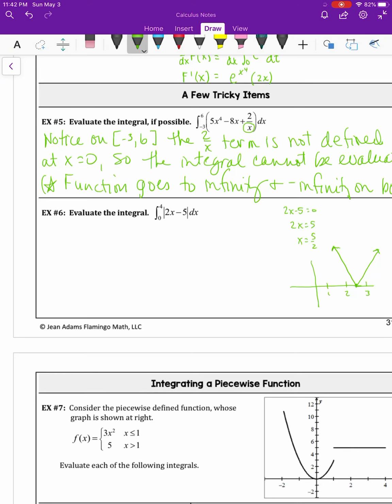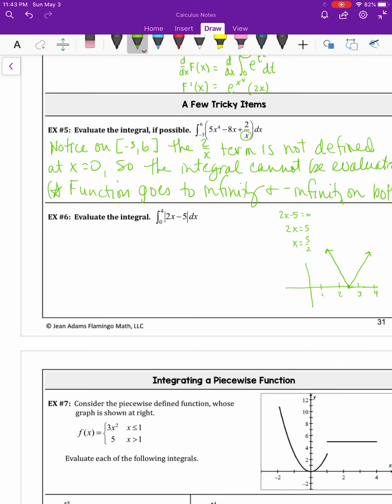So here's 1, here's 2, here's 3, here's 5 halves. Okay, that's what that function looks like. And we're trying to evaluate it from 0 to 4. So we have a place where we're going to have to split that up.